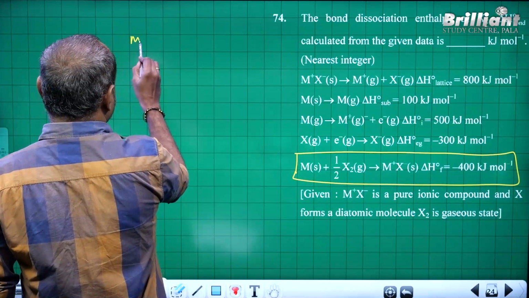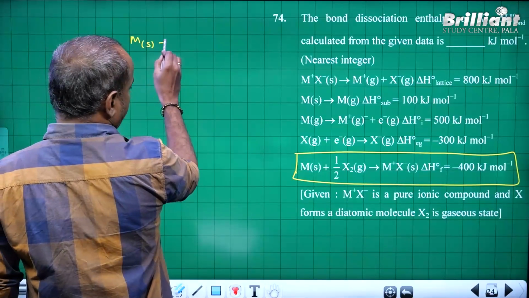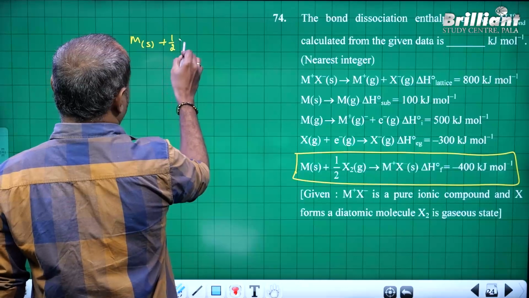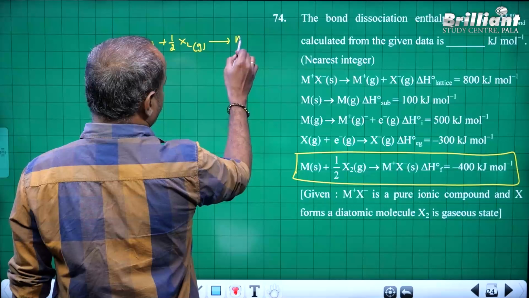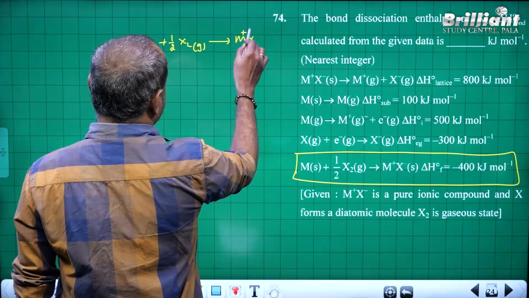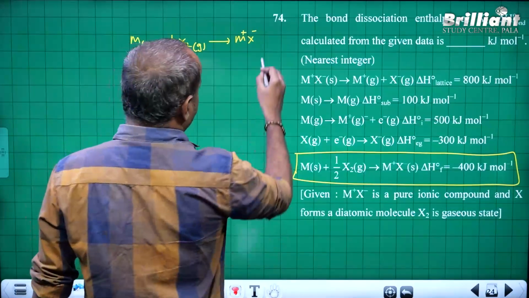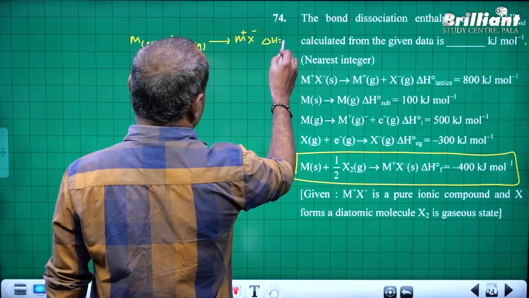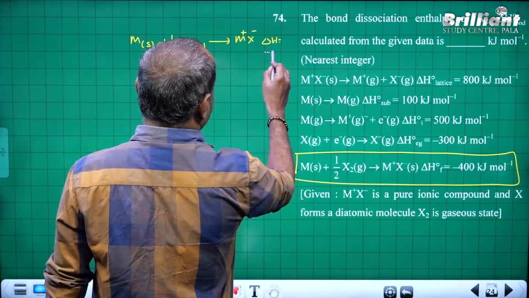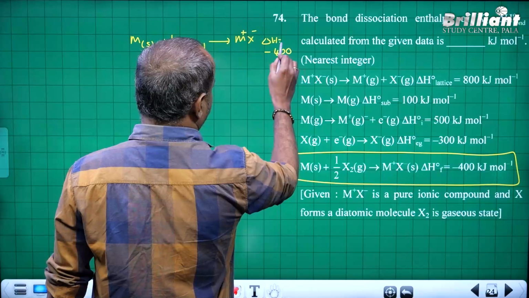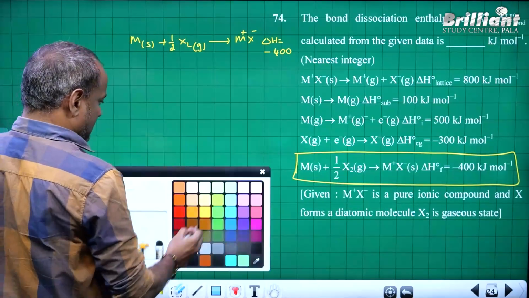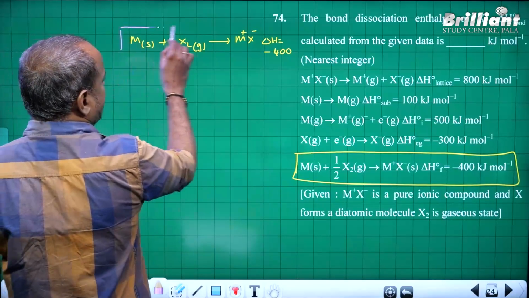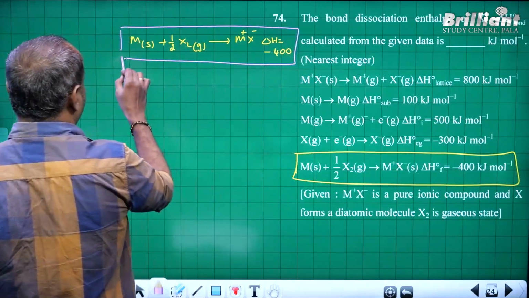Metal solid plus half X2 gas is equal to MX ionic crystal, delta H equal to minus 400 kilojoules, all in kilojoules only, no unit conversion. So this step is called the direct step.